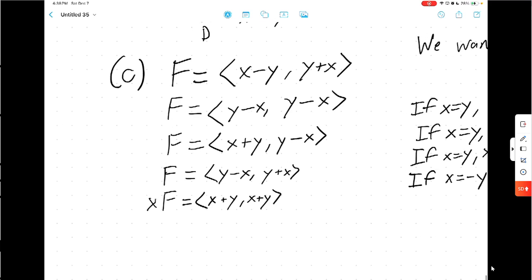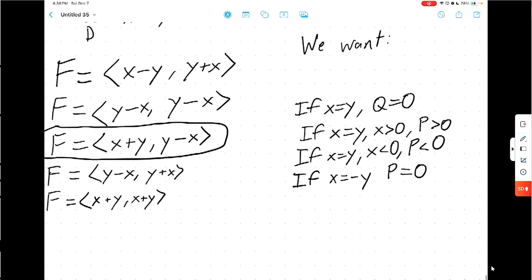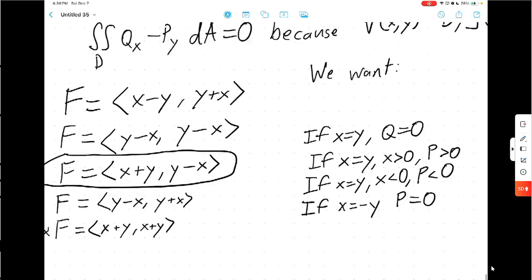So it should be this one then, based on all this information. Which makes sense. If x is set to 0, we're going to get y and y. Yep, that is the right one.